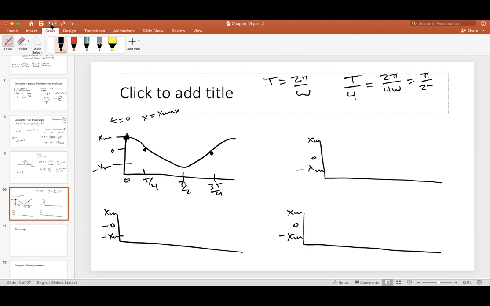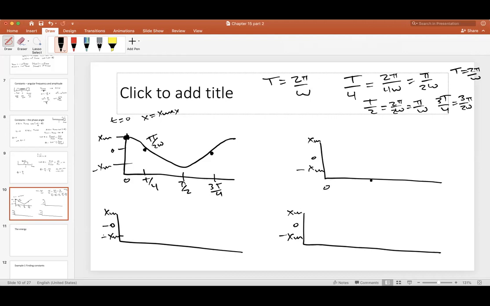And T over 2, likewise, is 2 pi over 2 omega, or pi over omega. And similarly, 3T over 4 would be 3 pi over 2 omega, and full T is 2 pi over omega, right? So here, this time is pi over 2 omega, okay? It's at 0, but it starts at maximum.